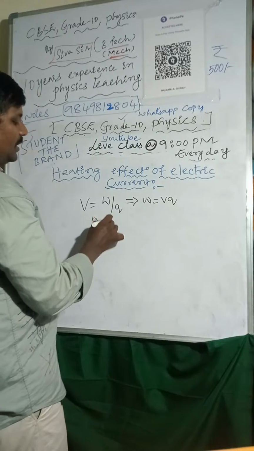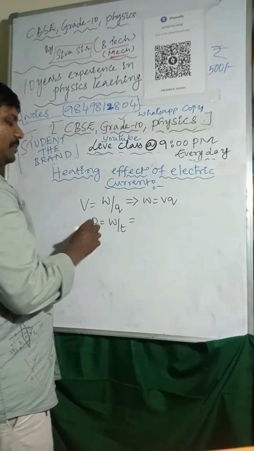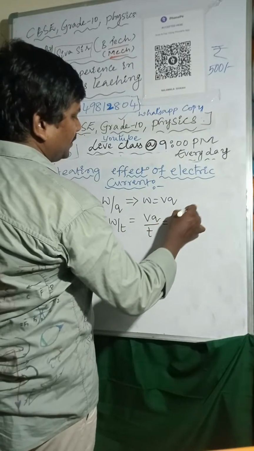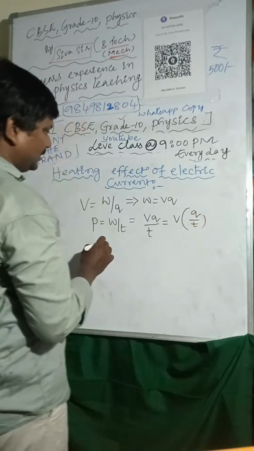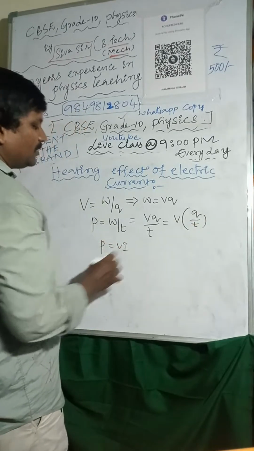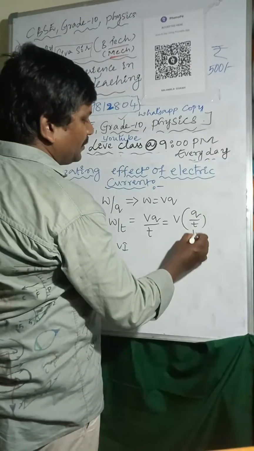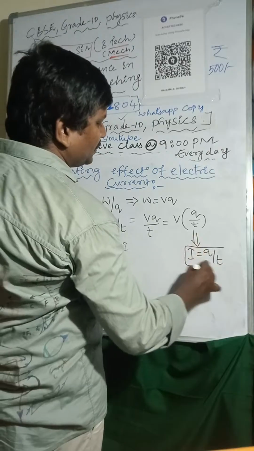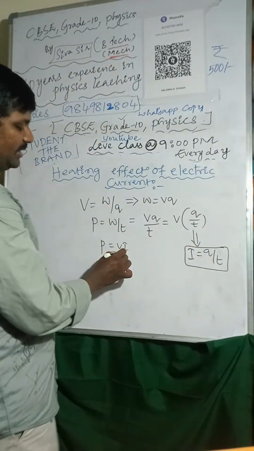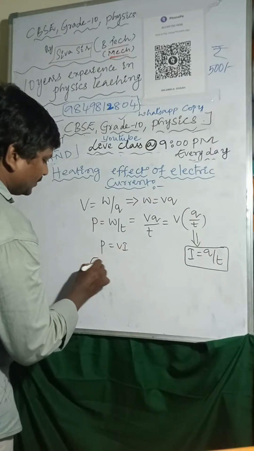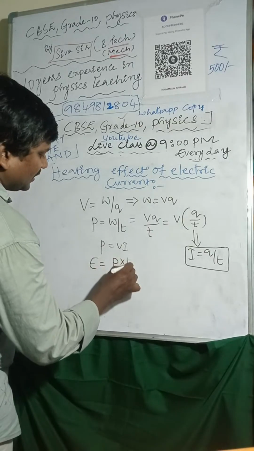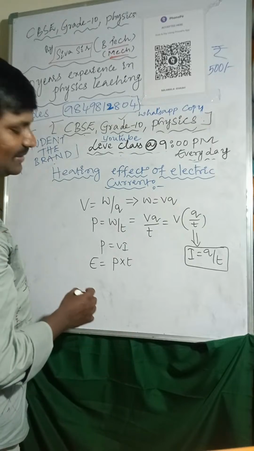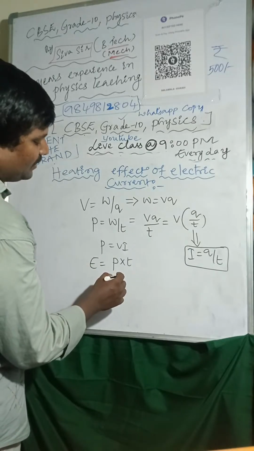Power equals the rate of doing work, so VQ by T, that is V into Q by T. That is nothing but P equals V into I, because I equals Q by T. Whatever energy is given to the conductor will convert into heat.